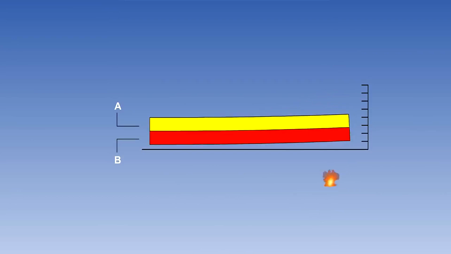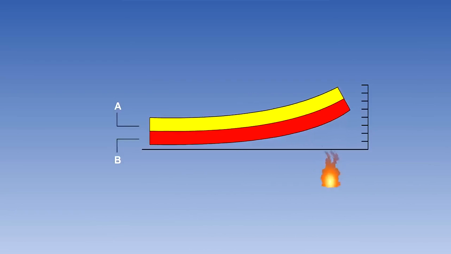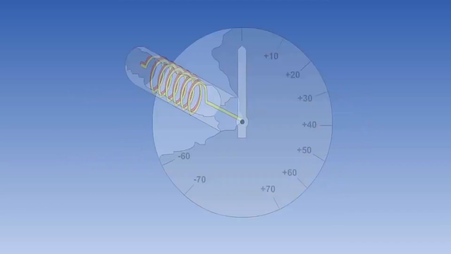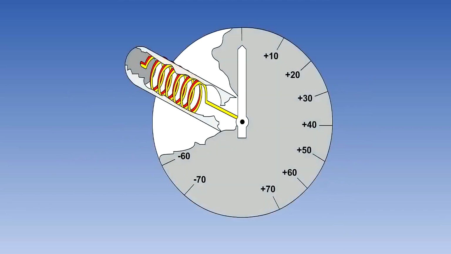How much the strip bends depends on the temperature rise and is therefore a measurement of temperature. The metals bonded together are often invar and brass. Invar is especially developed steel with a low coefficient of expansion. Brass, on the other hand, has a higher coefficient of expansion.